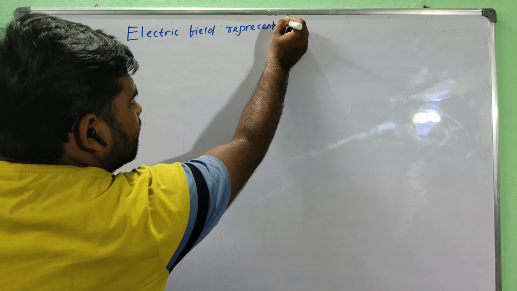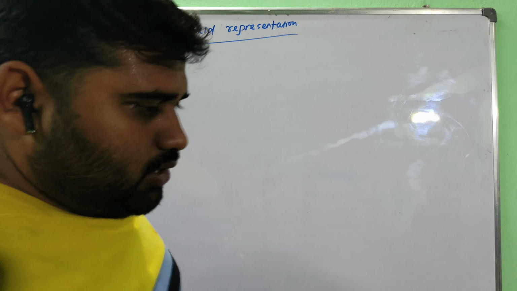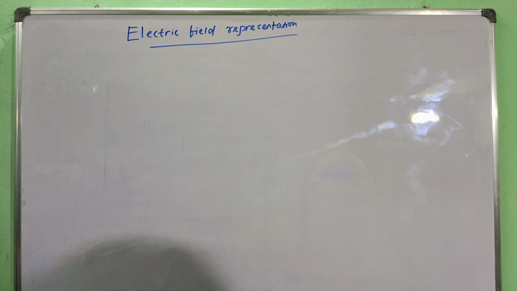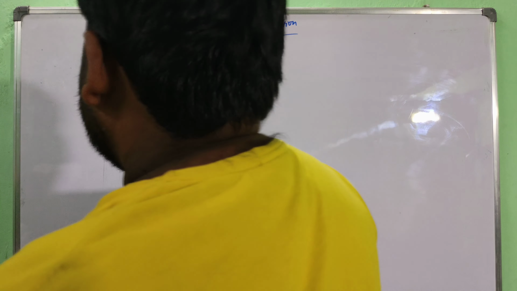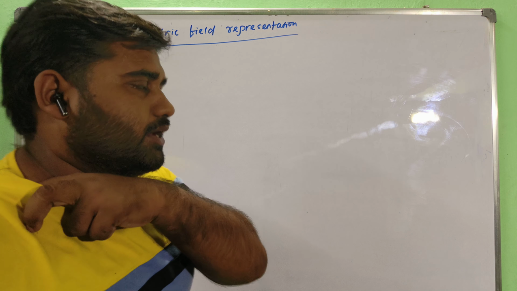How are you going to represent your electric field if it has been asked? So let us now draw an electric field representation, meaning the drawing of an electric field.